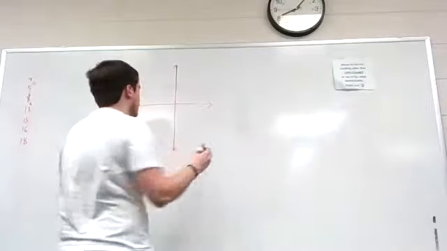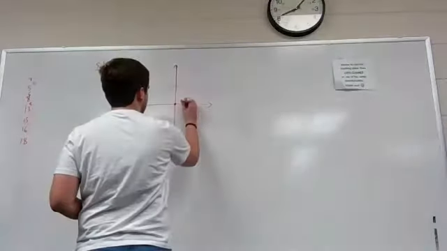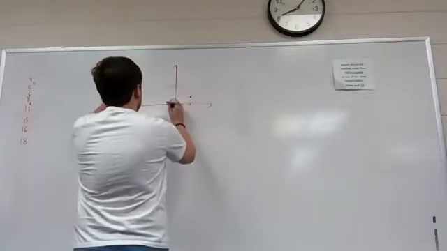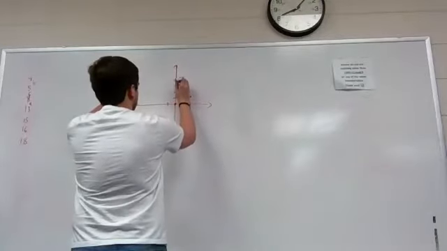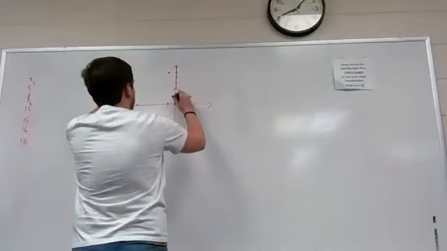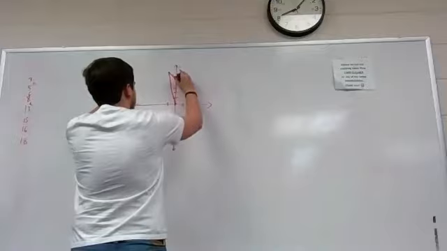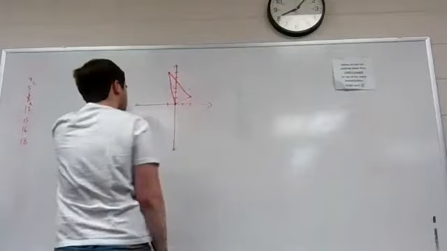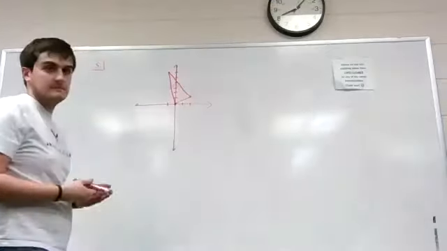We have points at (0, 0), (2, 1), and (1, -1), and we have a triangle.